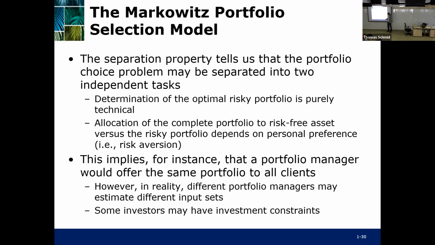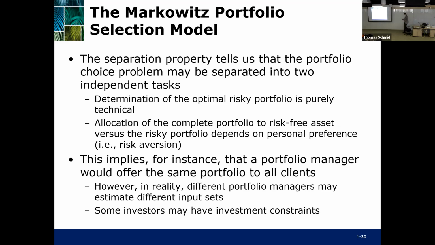Okay, so in reality, it's not totally clear if that's the case. Some investors might have investment constraints, but also different portfolio managers might actually estimate different optimal portfolios P. Because of course in reality, we don't know what is the true variance, what is the true covariance, what is the true expected return. So we have to rely on historical data mostly to estimate that.